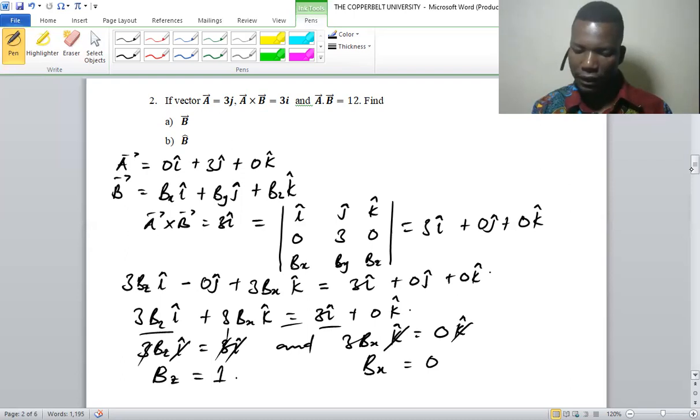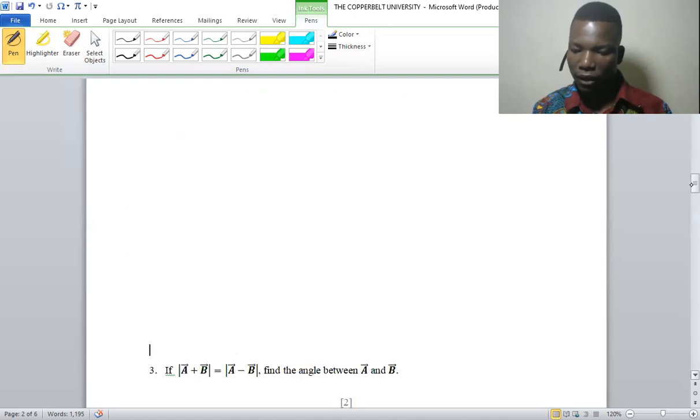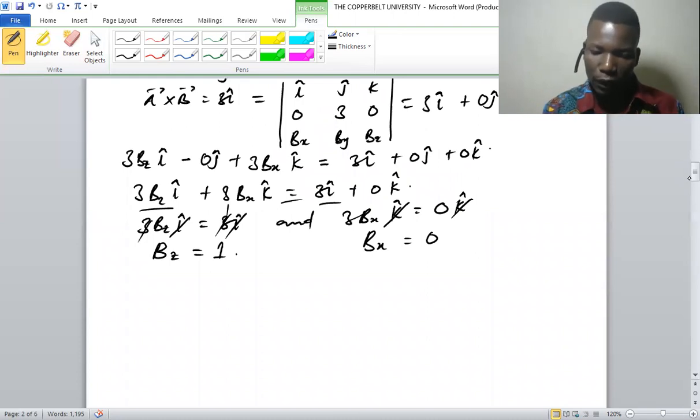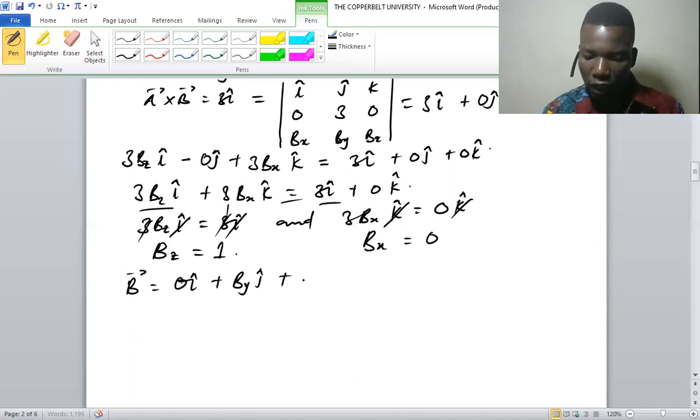We've solved for bx and bz, so we have to solve also for by. We need to know the component by. So the vector b can now be written: x is 0, by is what we want to find, and bz is 1k, which can just be written as k.